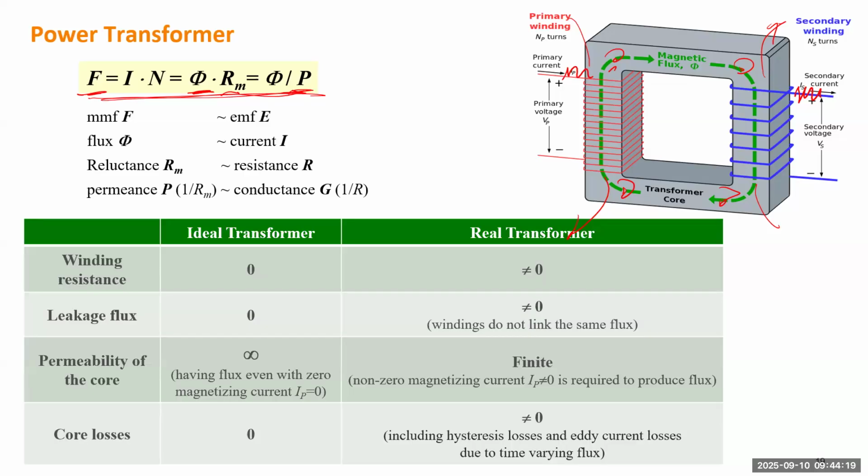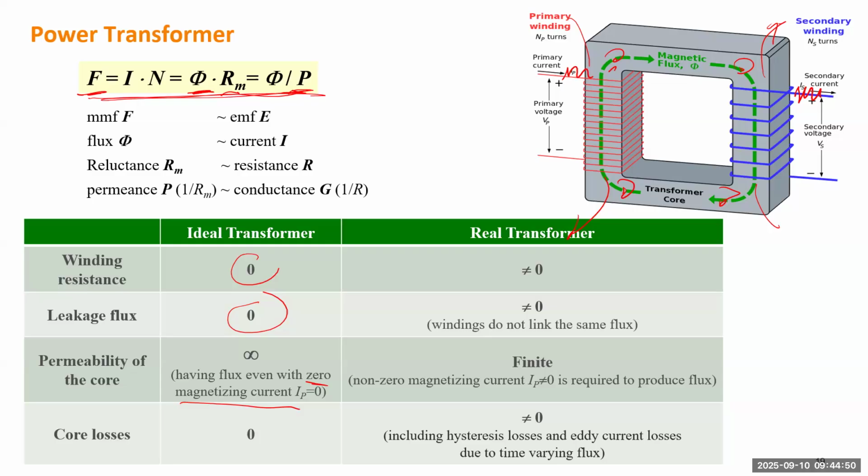So for an ideal transformer, we ignore the winding resistance, so there's no leakage flux. The reluctance of the core to build up the magnetic field is 0, which means you don't need much to build up the flux for the transformer. You only need 0 magnetizing current.